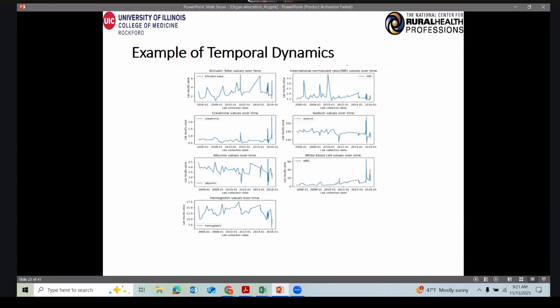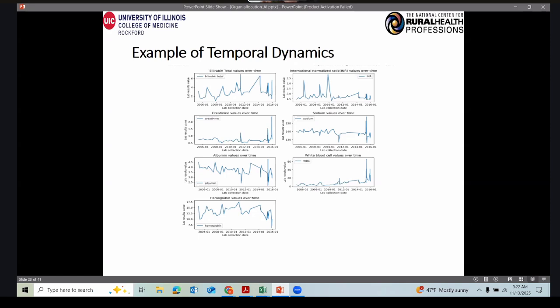In contrast, sodium tends to stay more stable but can show a downward trend when the disease becomes advanced, often reflecting issues like fluid retention and hyponatremia. Similarly, albumin levels usually show a gradual decline over time, signaling poor liver synthetic function and malnutrition.